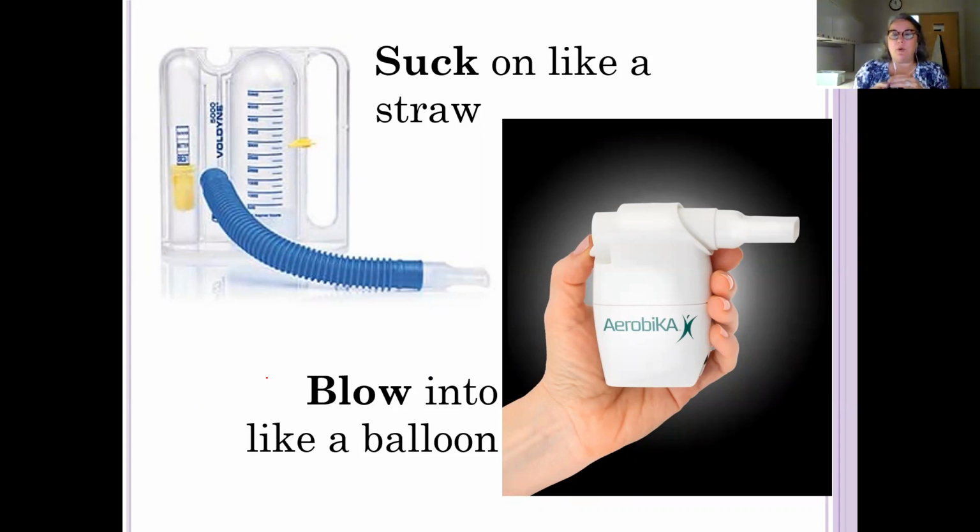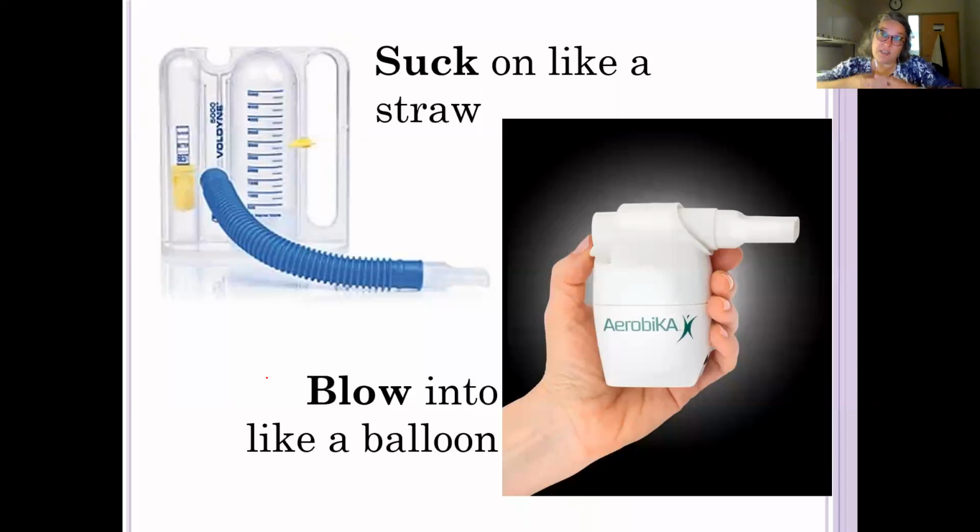And a lot of people will mix it up and they will try and blow on it to make the disc move up and down. I tell them it's the vacuum game, or you suck on it like a straw. Usually that works a little bit better in terms of patient education about how to use this very simple piece of machinery to try and help expand their lungs.